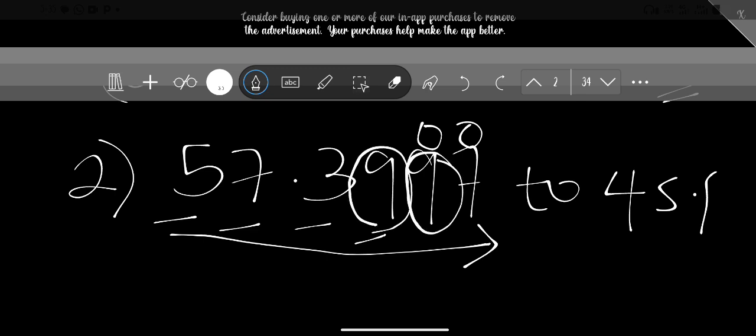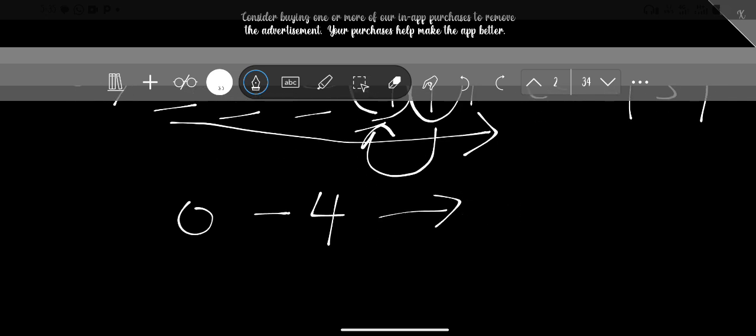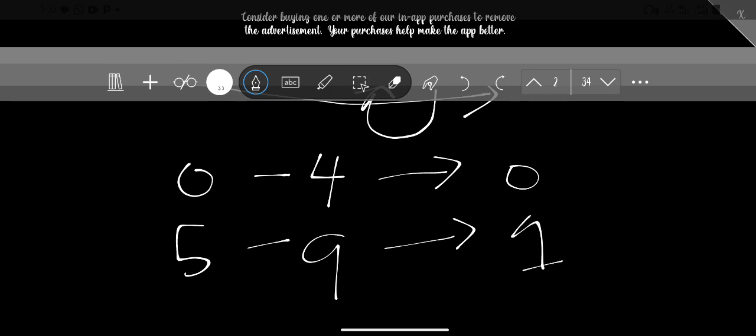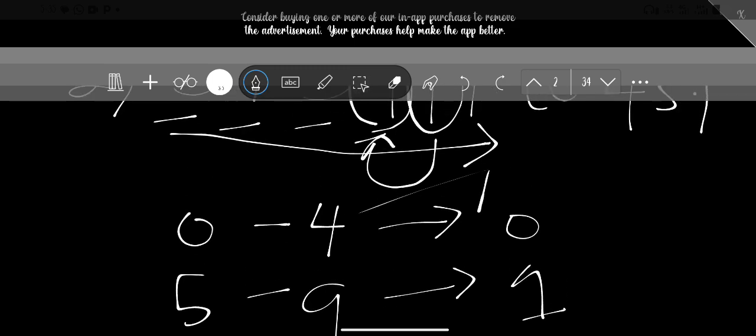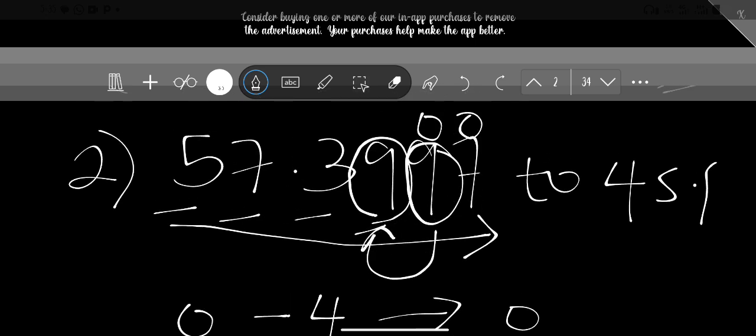Digits from 0 to 4 are rounded down to 0, while digits from 5 to 9 are rounded up to 1. So the 9 that we have here will be rounded up to 1, and it will be added to this 9 here.